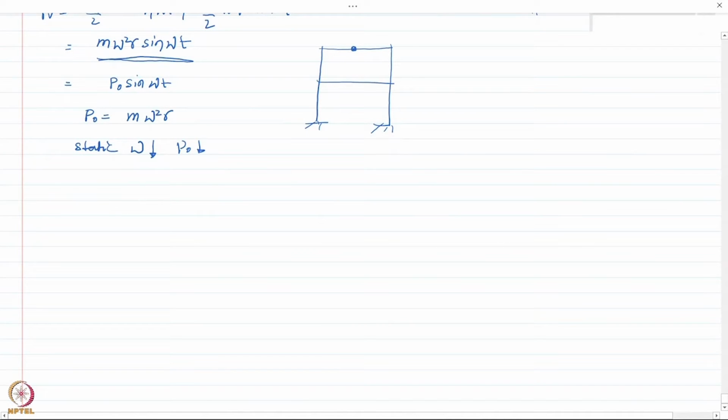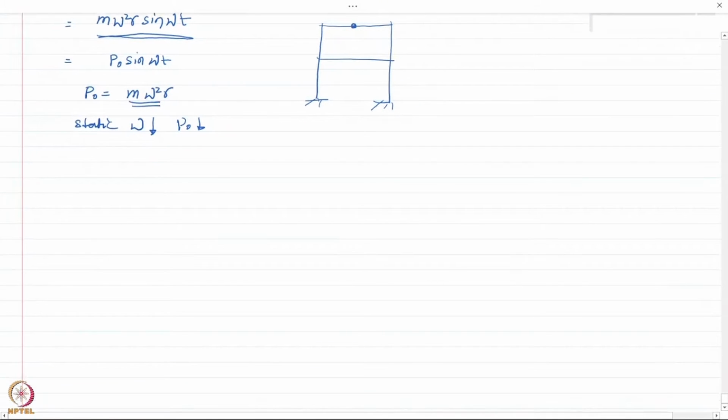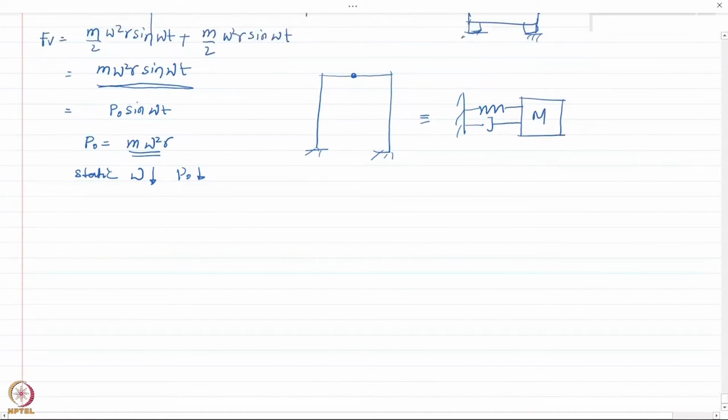Now, given that it depends on the excitation frequency, let us find out what happens if I attach it to a structure, and that structure is now being idealized as a spring mass damper system with mass M, to which I'm applying P equal to m omega square r sine omega t.